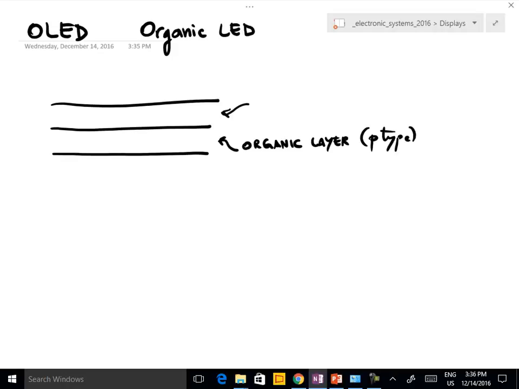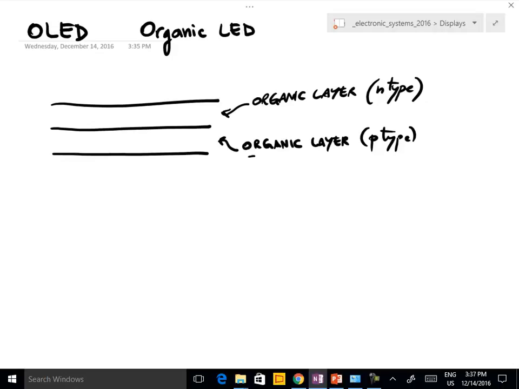Then we have an organic layer that behaves as an n-type semiconductor, so that we have a p-n junction. So the principle of operation is very similar. There are large differences in the fabrication procedure.